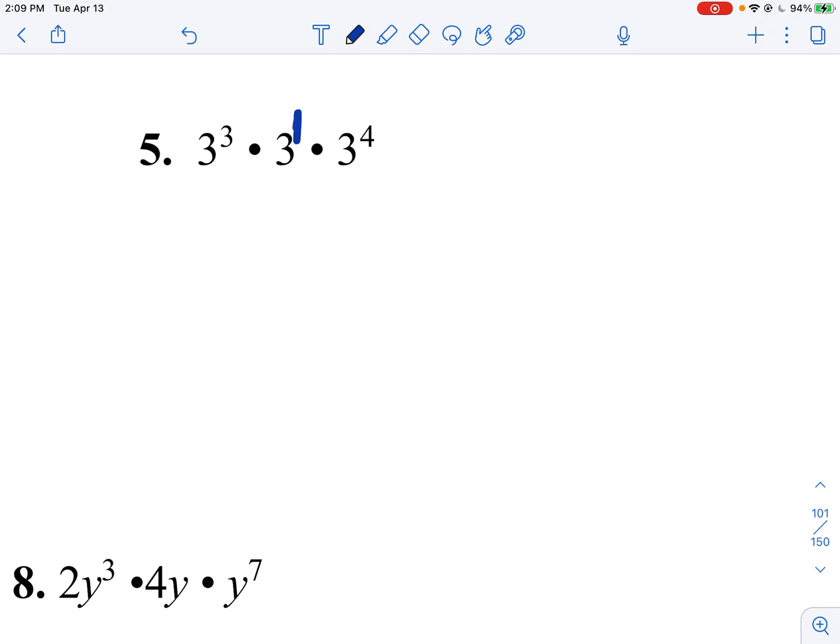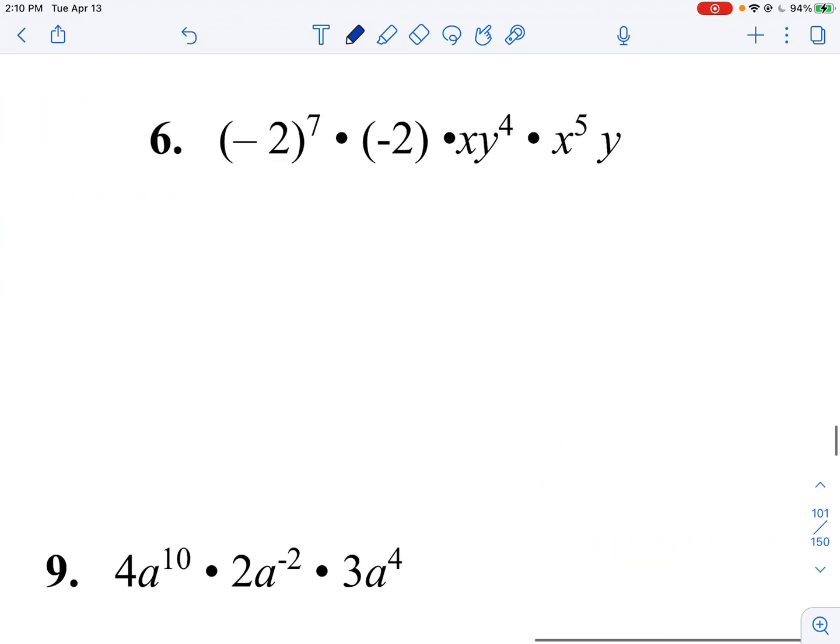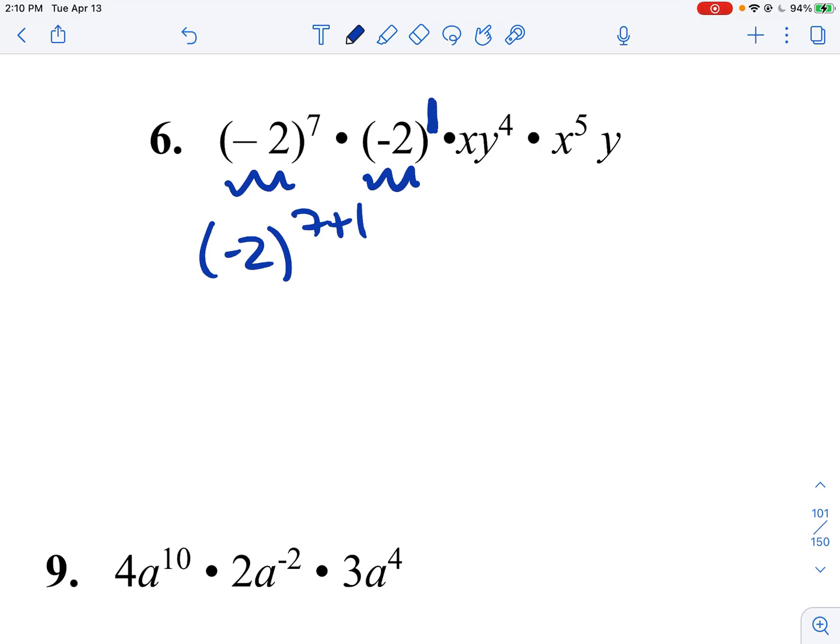On this one, remember that there is a 1 right there. So 3 to the 3 plus 1 plus 4, I get 3 to the 8th power. This one right here, those are the coefficients. There's an invisible 1 right there. So negative 2 to the 7 plus 1.